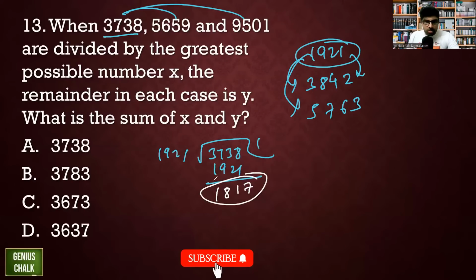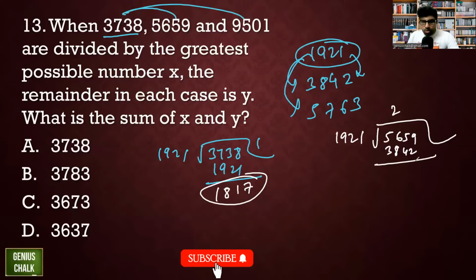Now let's check if this is the proper HCF. It must give the same remainder in the second case as well. 1921 and 5659. 19 to the 38 and 21 to the 42.